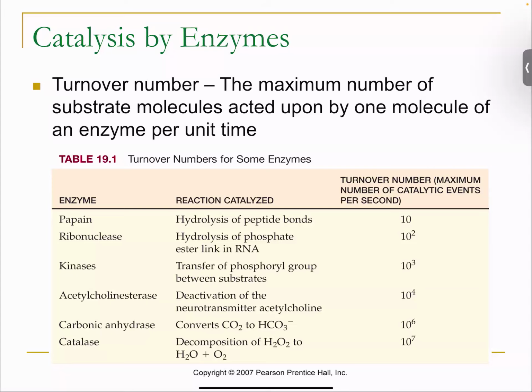I will tell you catalase is 10 to the 7th. What does that mean for its turnover? Or I'll ask you to define turnover rate. I'm not asking you to memorize all of these.